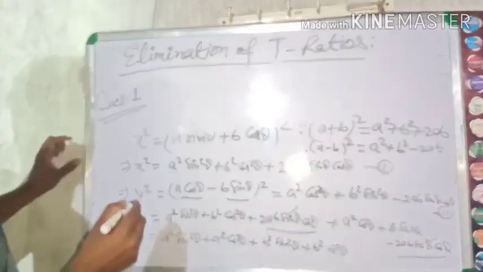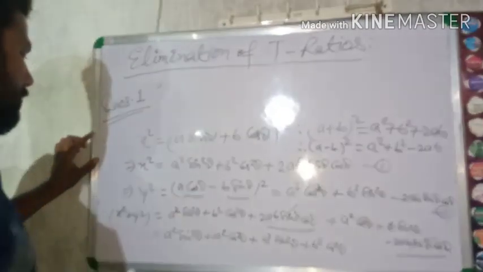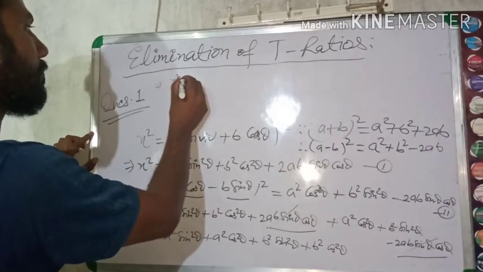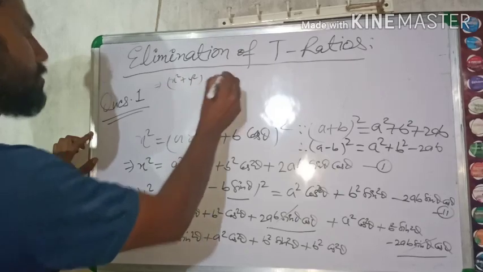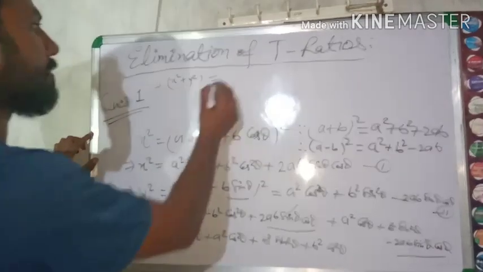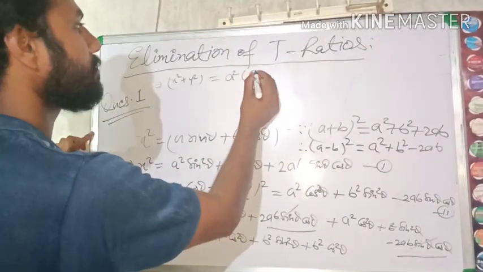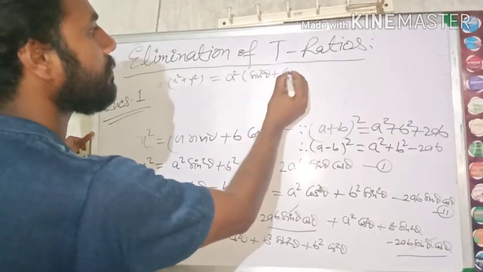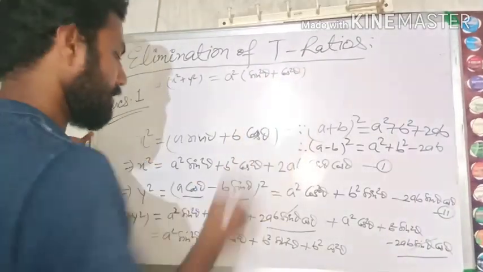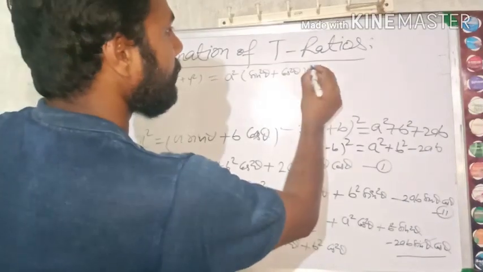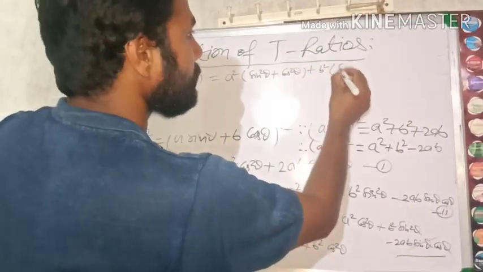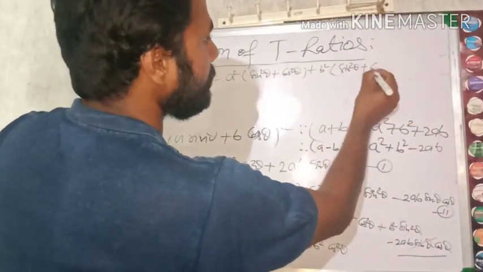This implies x square plus y square is equal to a square common, sin square theta plus cos square theta, and b square common, sin square theta plus cos square theta.